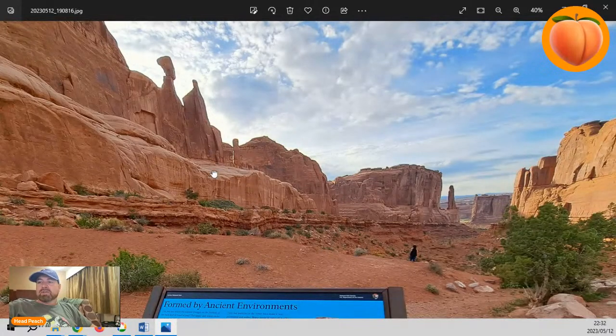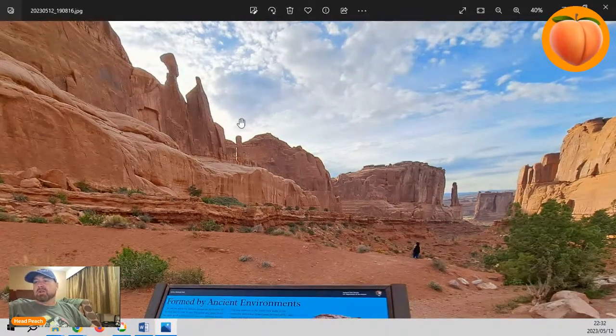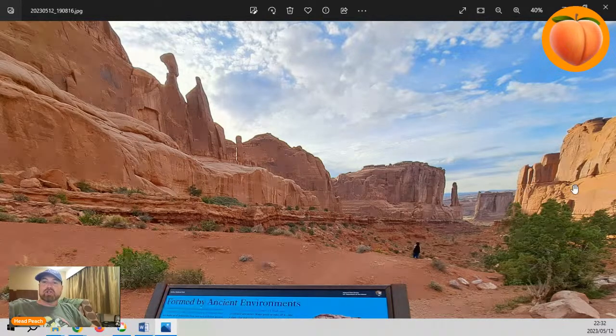The rock that is in light compared to the rock that is in shadow is quite a stark contrast. But can you see how golden that is compared to that? Well, that's the kind of effect that you're going for.